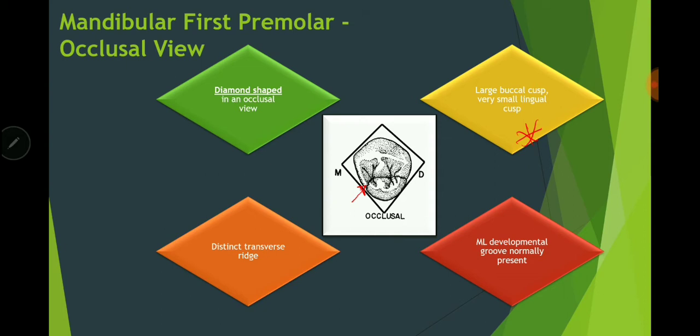And it has a distinct transverse ridge. All right, this is a transverse ridge right here. Okay, so make sure you know the mandibular first premolar really well.